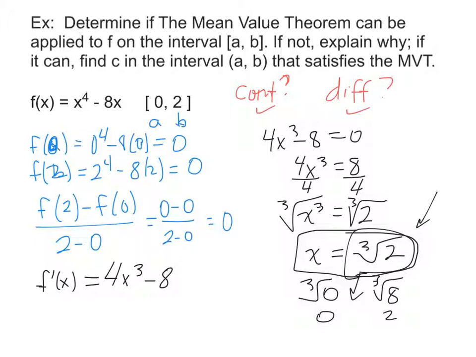Now we've talked about, on these last two, determine if it can be applied. If not, explain why. Let's just discuss that briefly. Say I have, maybe, f of x equal to something like x minus 1 over x, and I want to use Rolle's theorem or the mean value theorem on the interval from, say, -1 to 4.